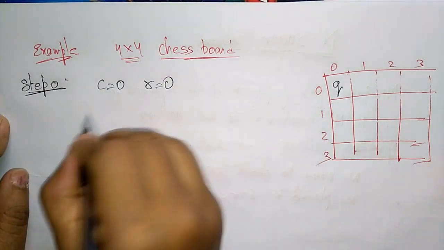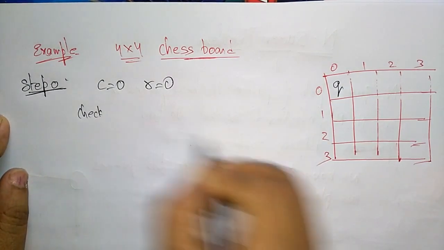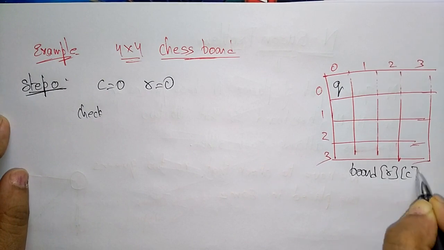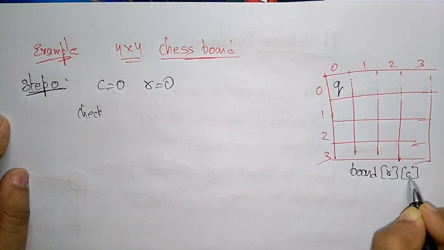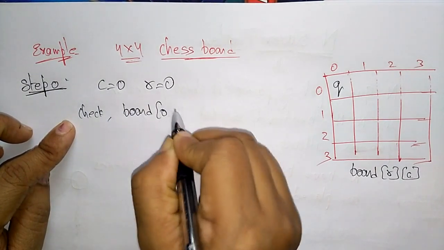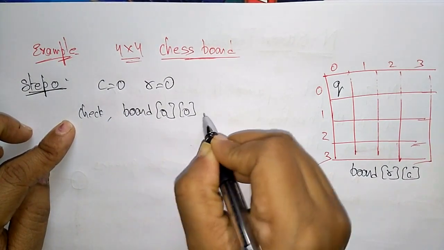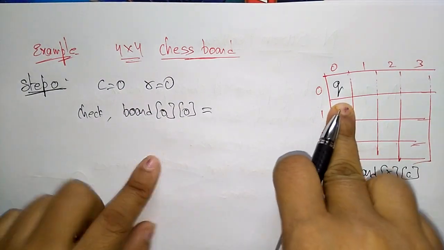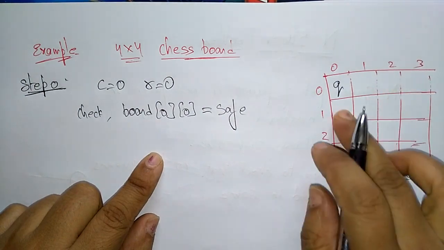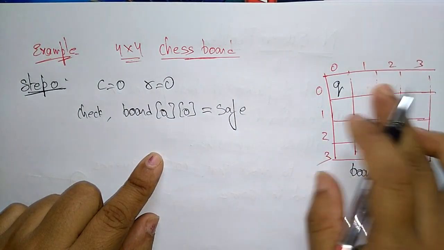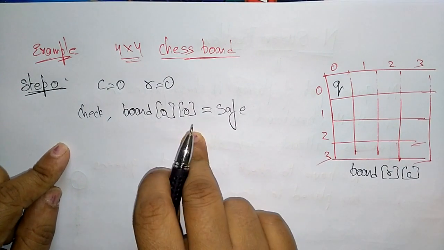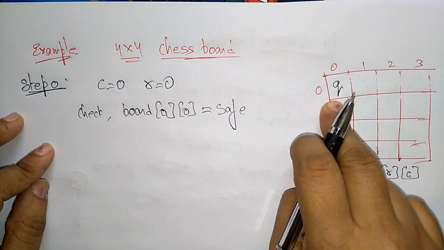I check the board, the set of rows and columns: is row 0, column 0 safe or not? Yes, it is safe, because there are no queens in the columns, rows, or diagonals. Since there is no queen on the board, just place the queen.